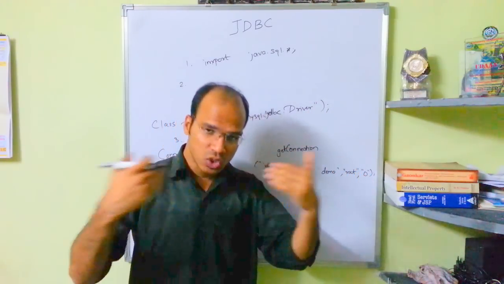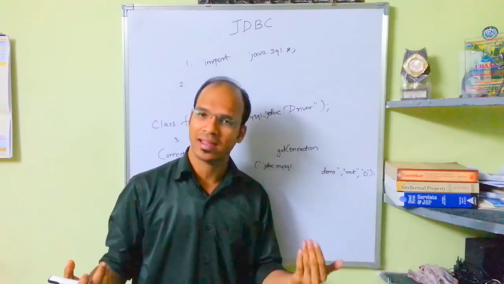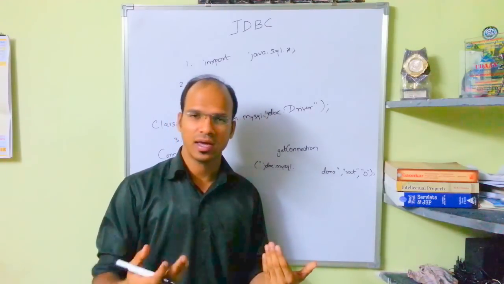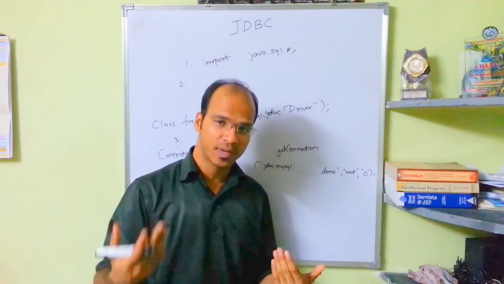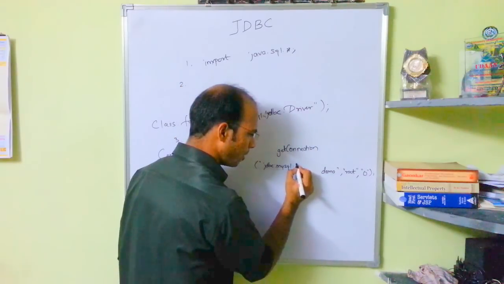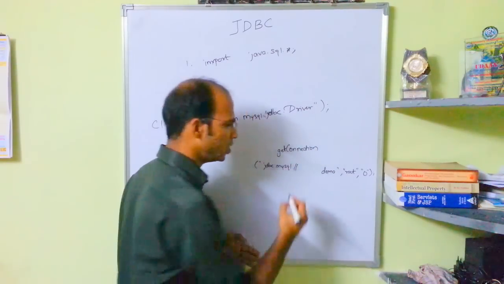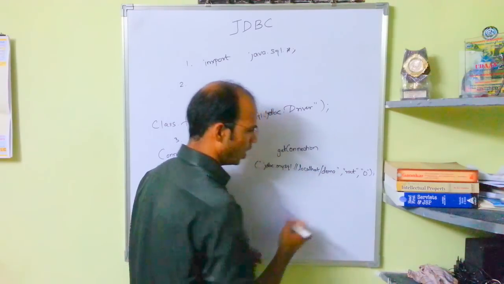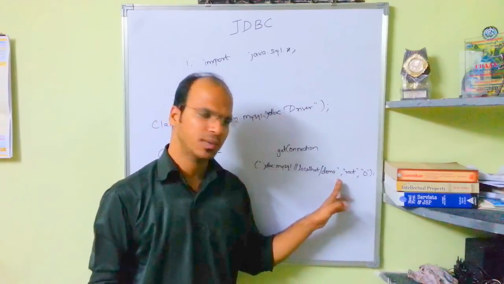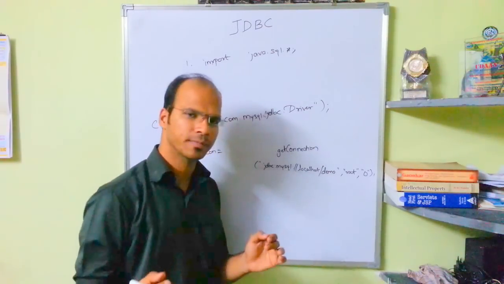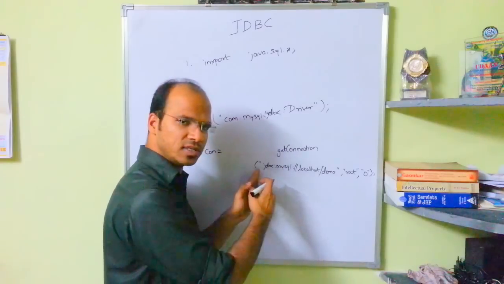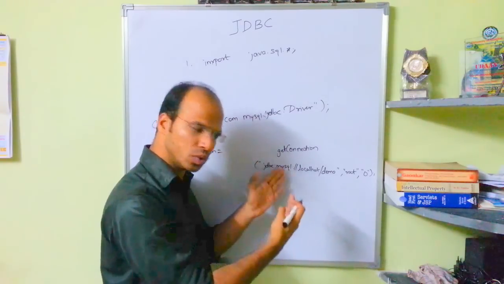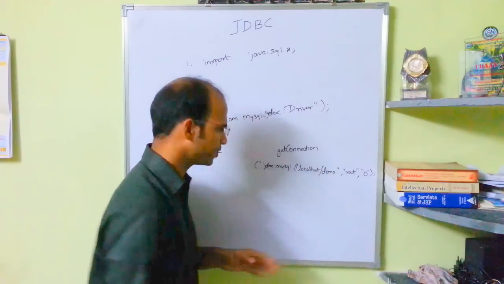That means these 2 machines need to be connected on a LAN connection. So if you talk about LAN, you have to provide an IP address. For the time being, my database is on the same machine, so I can use localhost. And in localhost, I have a database called demo. This is called your connection string. So you can say JDBC connected to MySQL connected to the database with the help of localhost.